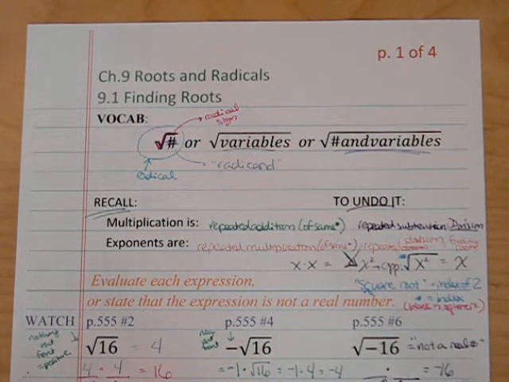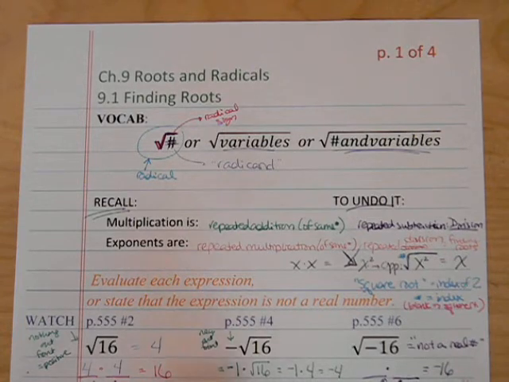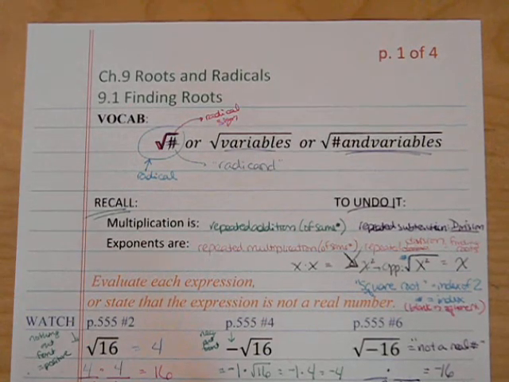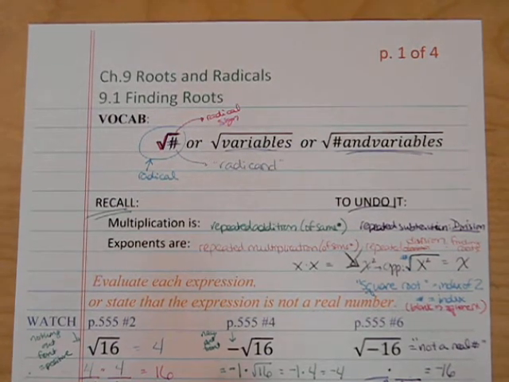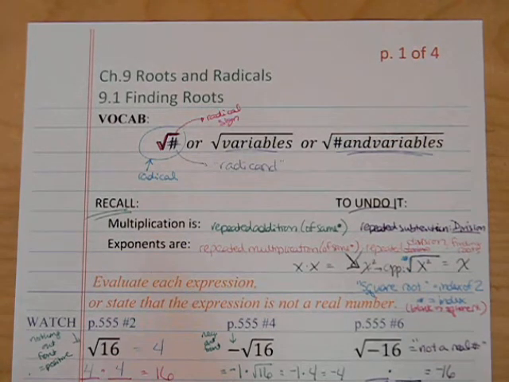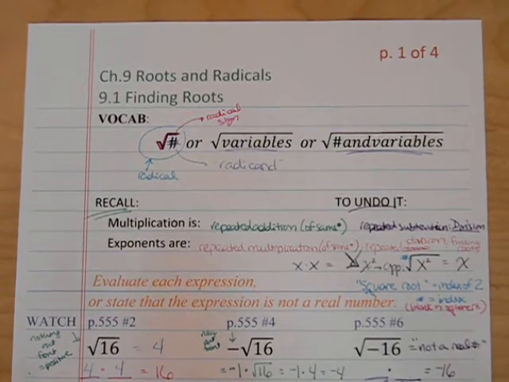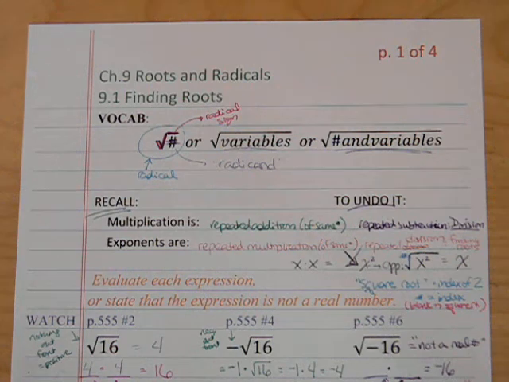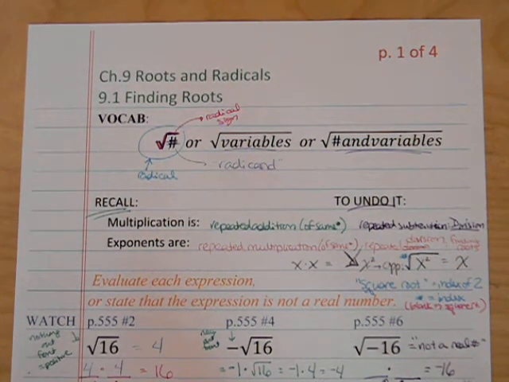Think of 0.64. If you were to convert that to a fraction, what we'd be looking at is the square root of 64 over 100. And one of the things we are going to be learning and practicing in this chapter is what you can do with radicals, how you can split it, how you can divide it up.